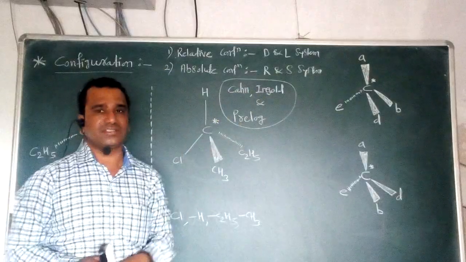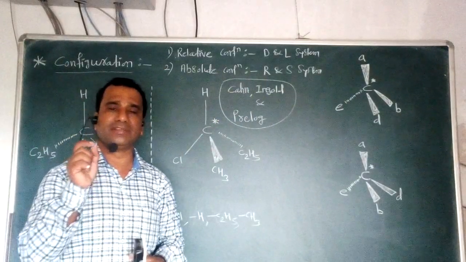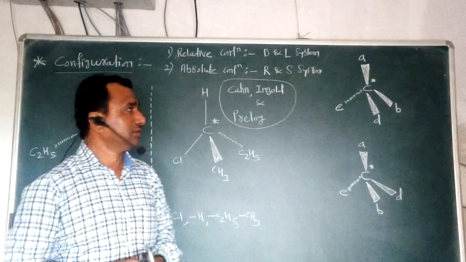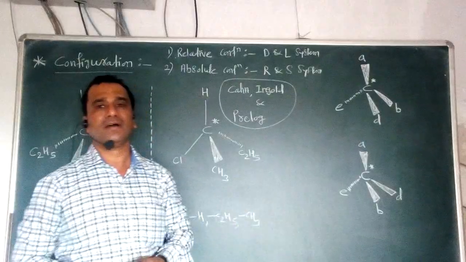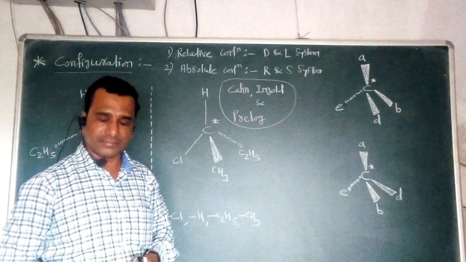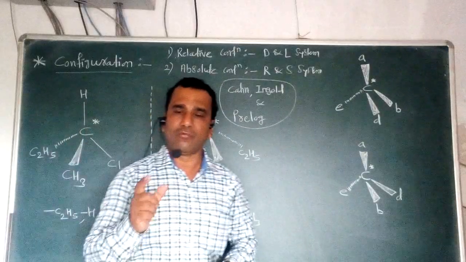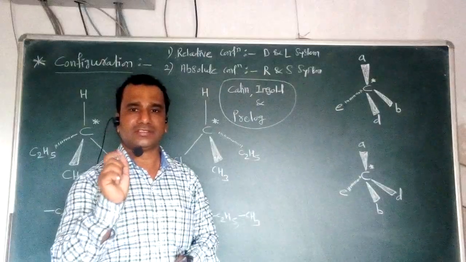According to Cahn, Ingold and Prelog, they proposed some simple rules for assigning the R and S nomenclature system for a given isomer. We have to follow this nomenclature system in two different simple steps.